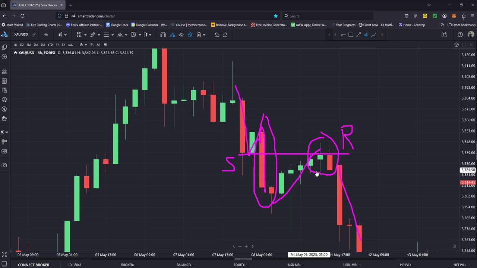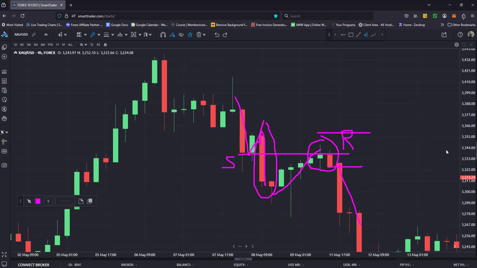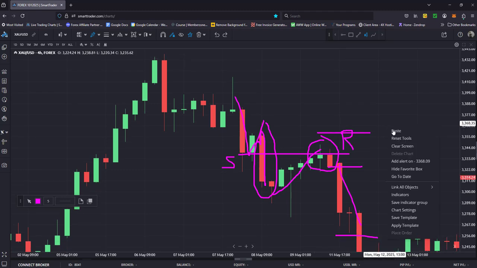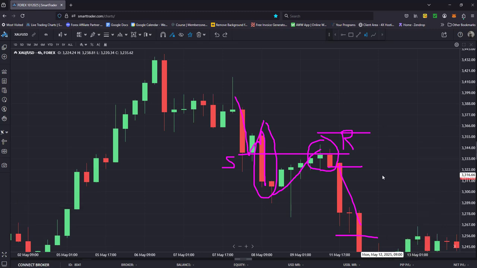Actually, sorry, this does not engulf. We have a bullish candle here, which for us would have given us entry at the close of this candle here. Your stop loss could have been above this area here, and if you went for 1 to 2 or 1 to 3 down here, you would have made profit on this trade.